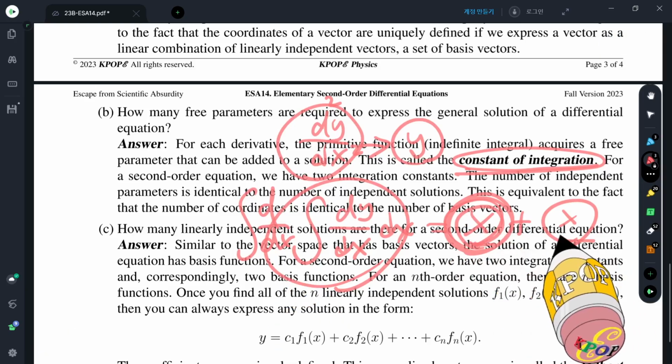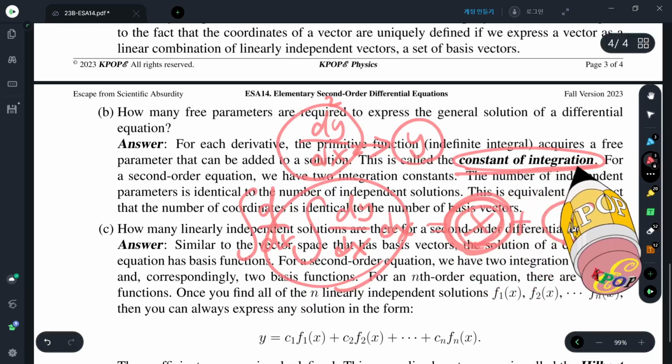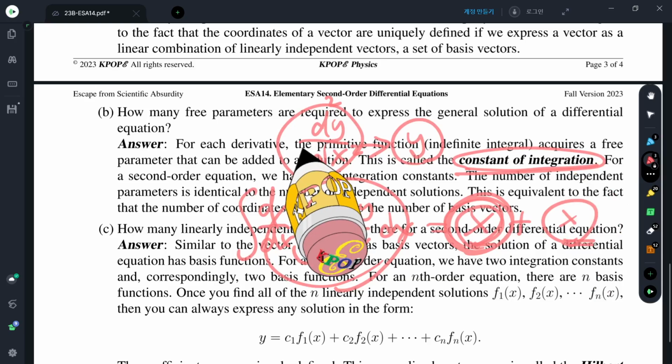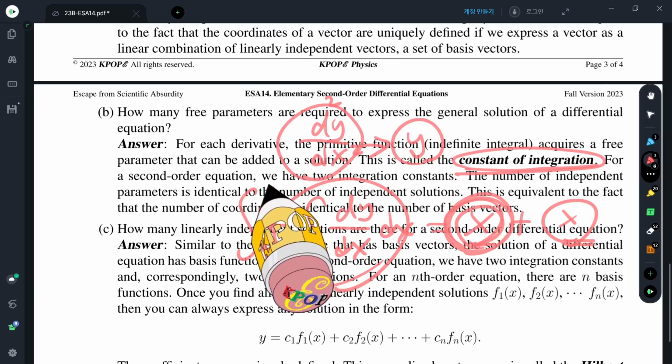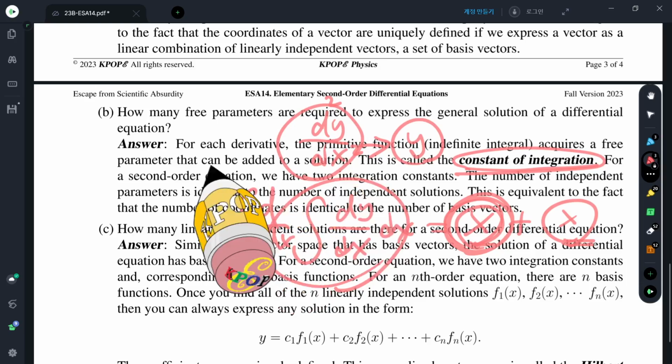And the number of constants of integration represents the number of independent functions, called the basis functions. So in a second order differential equation, if you find two linearly independent functions that are solutions, then the linear combination is the solution. And actually, this is a homogeneous equation.